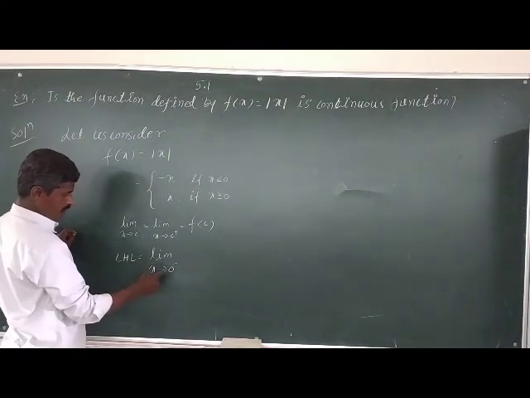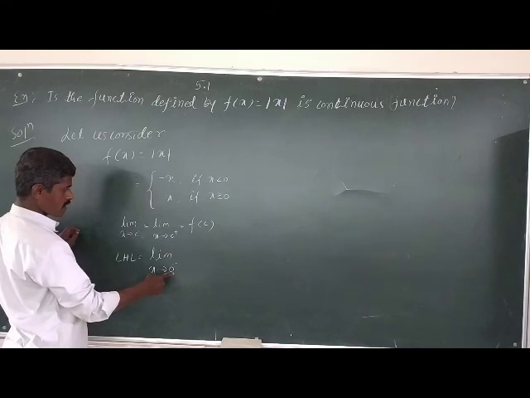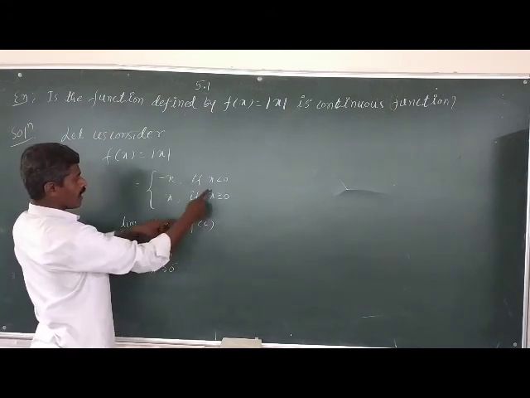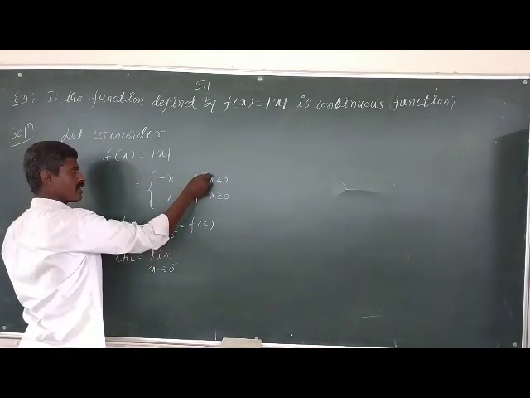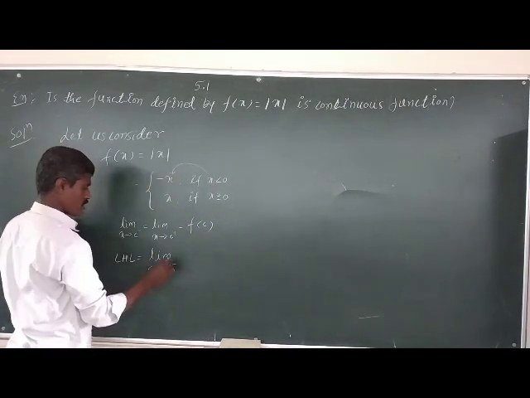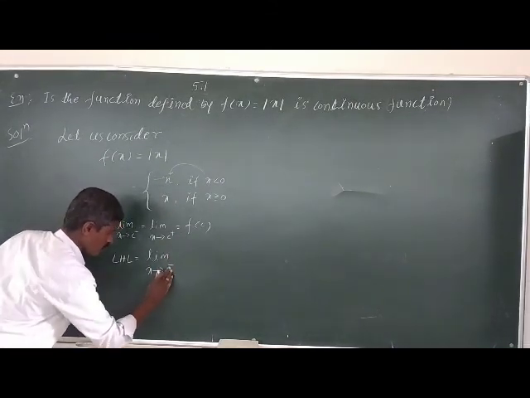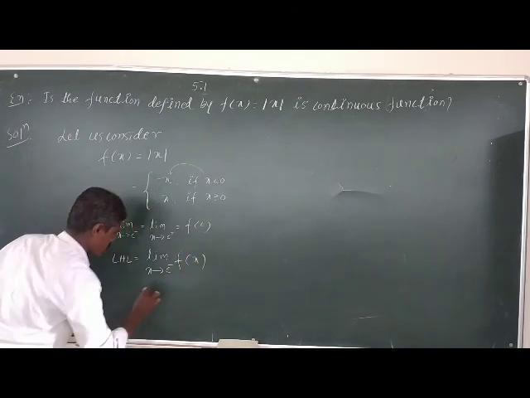Here c is 0. When x tends to 0 minus, on that condition we consider the function for x less than 0, which is minus x.